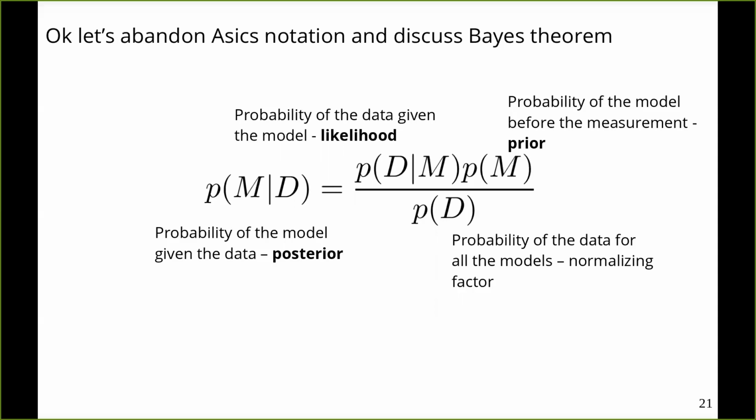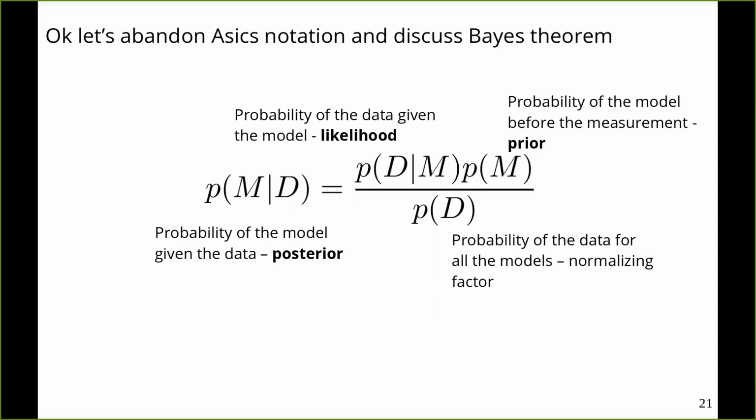Given the observed data, D is proportional to probability of the data, of obtaining specific values of the data, given the model M, or given the model parameters M, or whatever you want, times the probability of this model before any measurement.